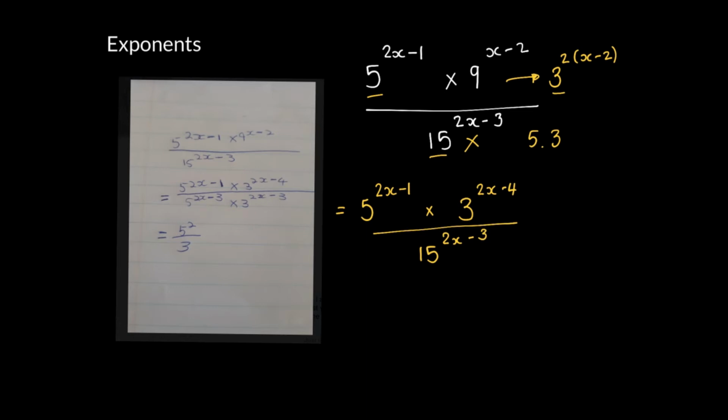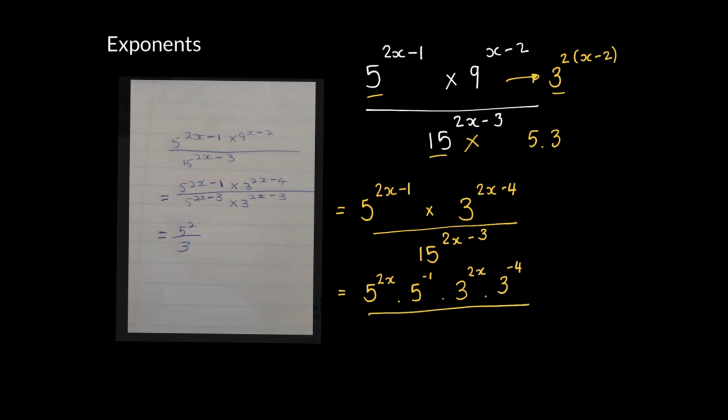Now, the only other thing we could possibly do in this case is split everything, but that means that our answer would end up with a whole lot of 2 to the power x's in it. So what that would look like would be 5 to the power 2x multiplied by 5 to the power negative 1 multiplied by 3 to the power 2x multiplied by 3 to the power negative 4.